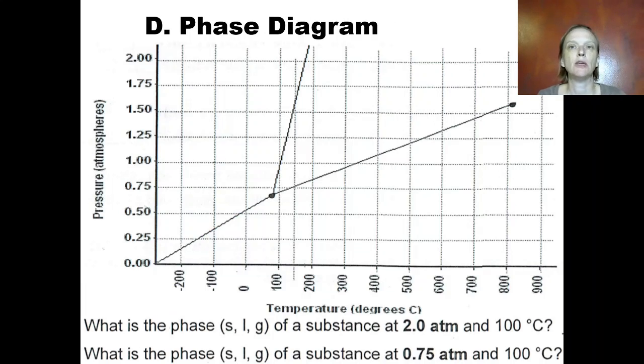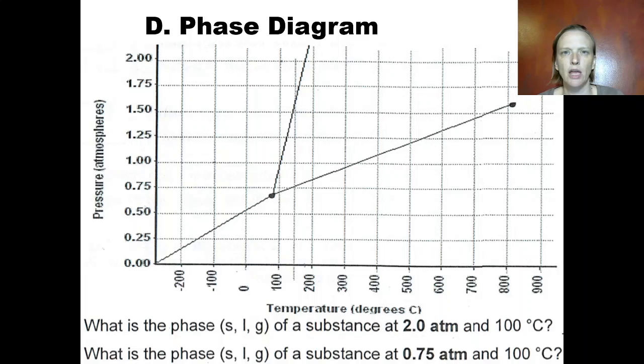So let's look at how we use a phase diagram to collect information about a substance. So this substance here, we want to know what is the phase, solid, liquid, or gas, of a substance at 2 atmospheres of pressure and 100 degrees Celsius. So 100 degrees Celsius is here, this vertical dotted line, and 2 atmospheres of pressure is over here.